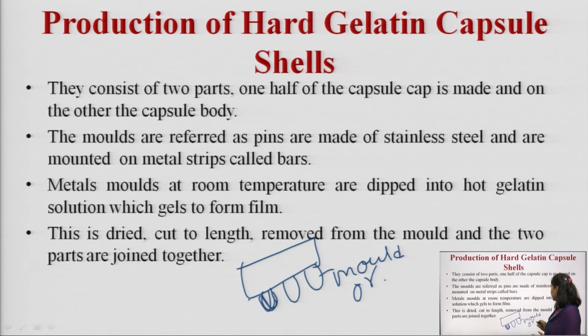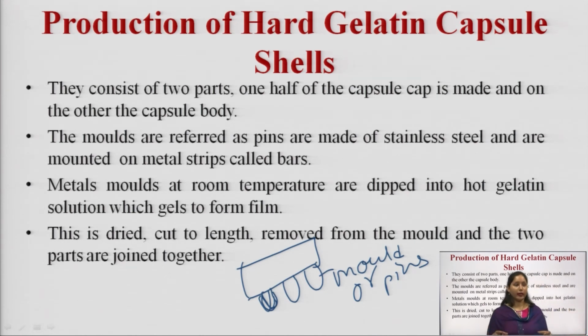The molds or pins are dipped into the hot gelatin solution where the gelatin gets solidified and forms a dry layer over the mold. So, the molds are referred to as pins and are made of stainless steel and are mounted on metal strips called bars.